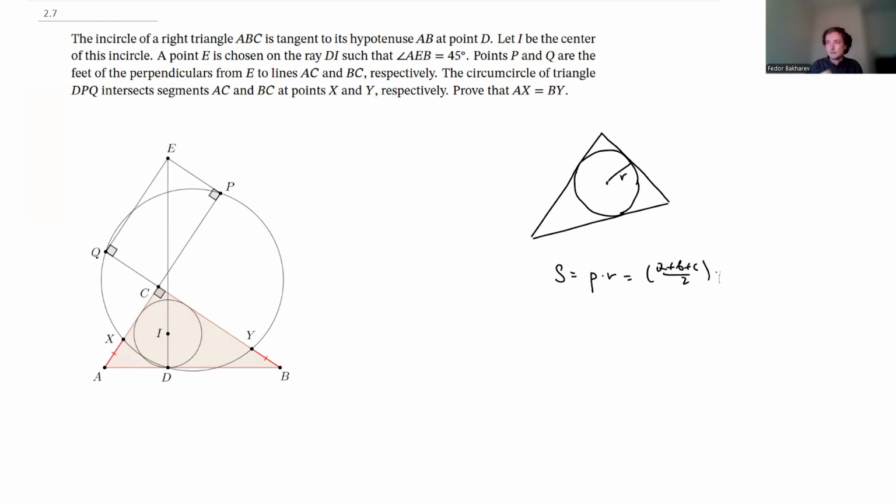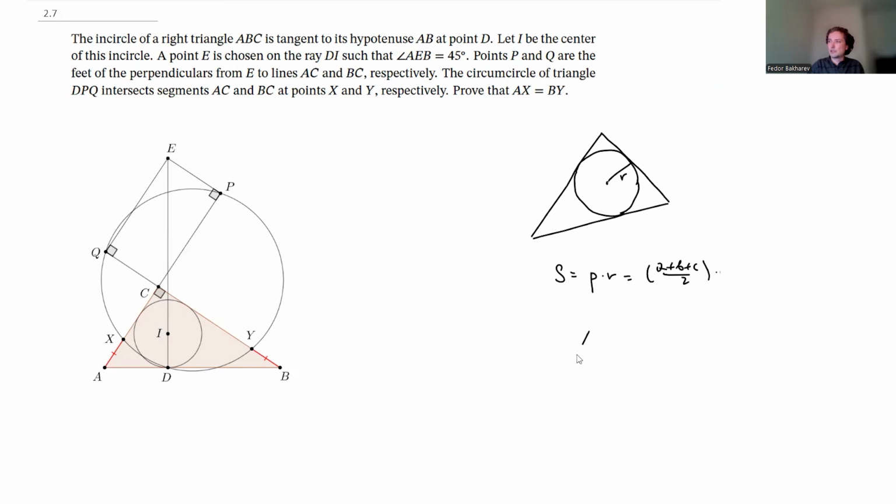At the same time, actually, there are similar formulas for the area with usage of excircles.